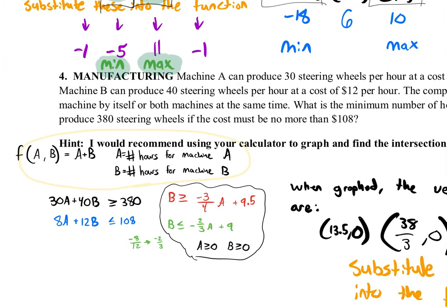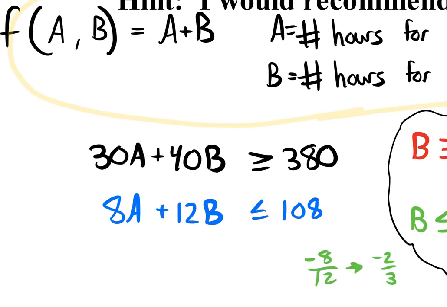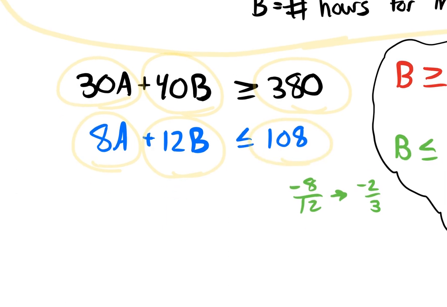It's the amount that we need to produce, because one of the machines could produce 30 an hour, the other one could produce 40 an hour, and the prompt wanted us to create at least 380 steering wheels. So that's the amount inequality. And then this inequality is the money inequality. $8 for one machine, $12 for the other machine. And we needed the money to be less than or equal to 108.